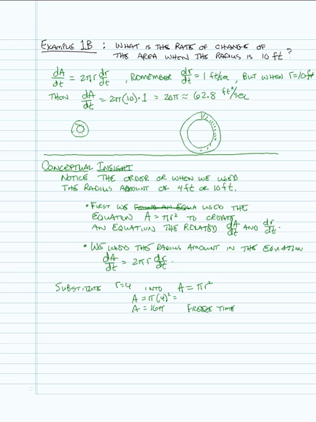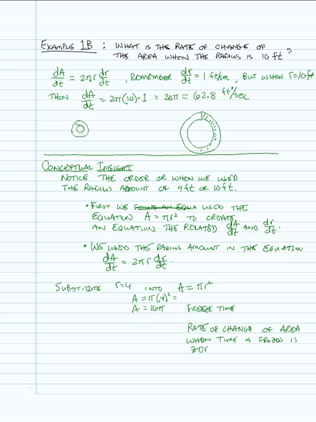And when we freeze time, when we're stopping time, then basically the rate of change of something that's stationary is 0. So that's the problem. The rate of change of area, or any other value, when time is frozen, is 0.